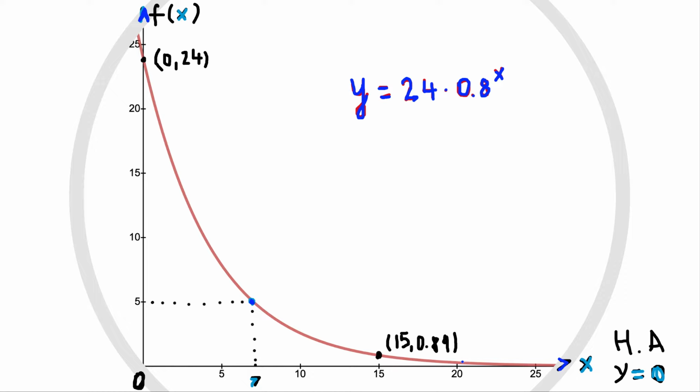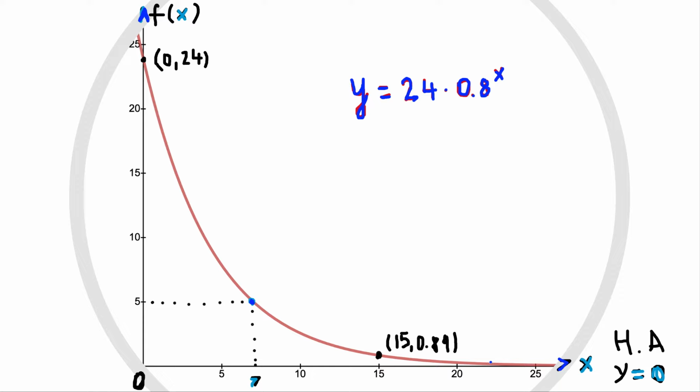It means that no matter how low the value of the car gets, it is never going to reach 0. But we know the car is not going to last forever, because one day it ends up in the junkyard. Usually they build it for 15 years, and in 15 years the value is less than 1, meaning less than $1,000, and it keeps going down.